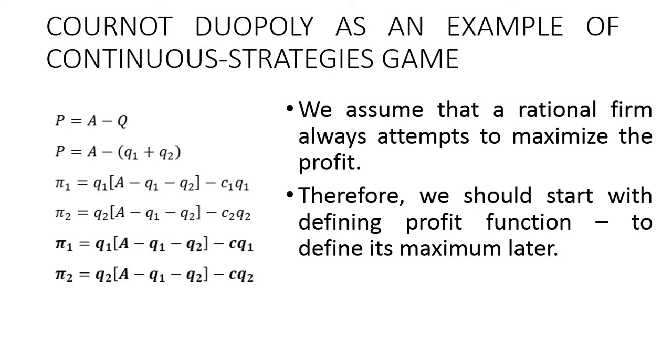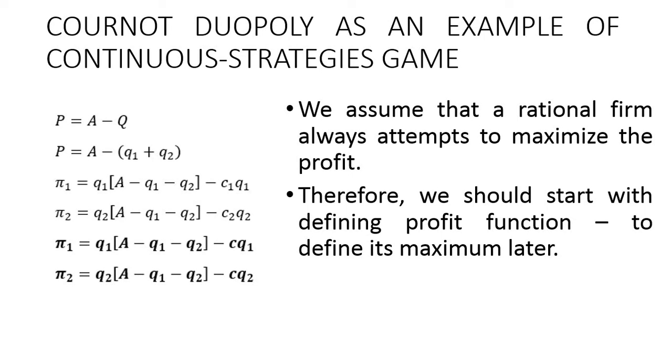That's why we can replace quantity demanded with Q. And again, as you remember, Q stands for the total supply of the first and the second firm. That's why we can replace Q with the sum of Q1 and Q2. So market price is equal to A minus, in brackets, Q1 plus Q2.